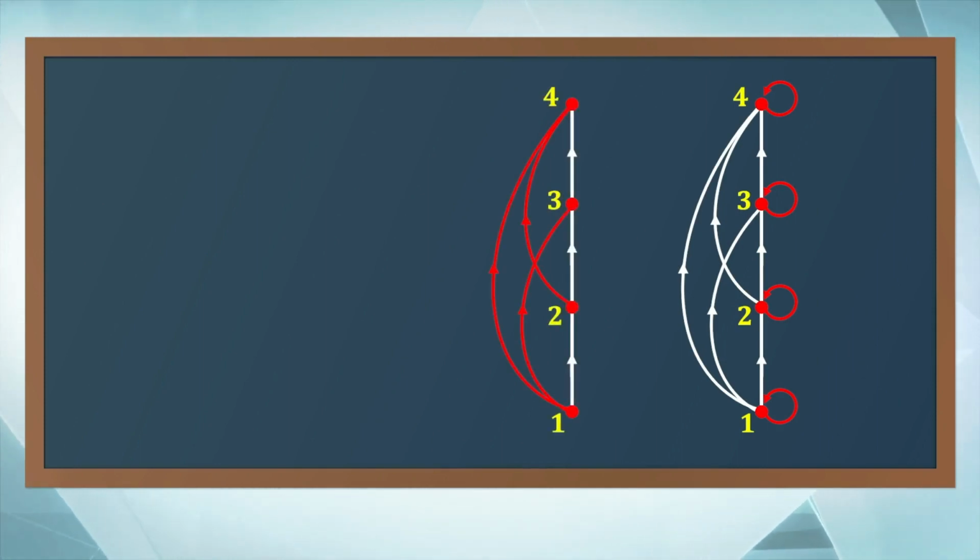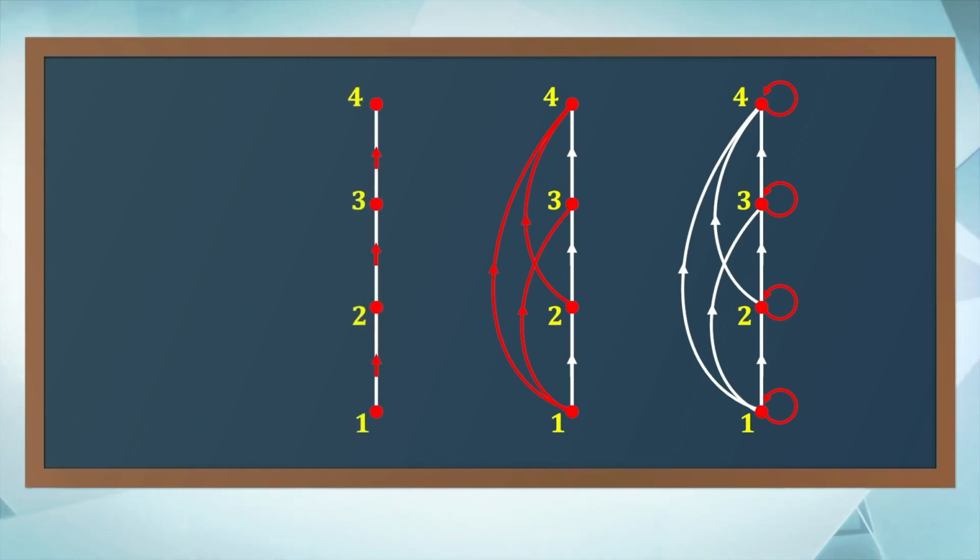Secondly, remove all edges that must be in the partial order because of the presence of other edges and transitivity. For example, 1 is less than or equal to 2, 2 is less than or equal to 3, so 1 is less than or equal to 3. In the next figure, the edges (1,3), (1,4), and (2,4) are not shown because they must be present.